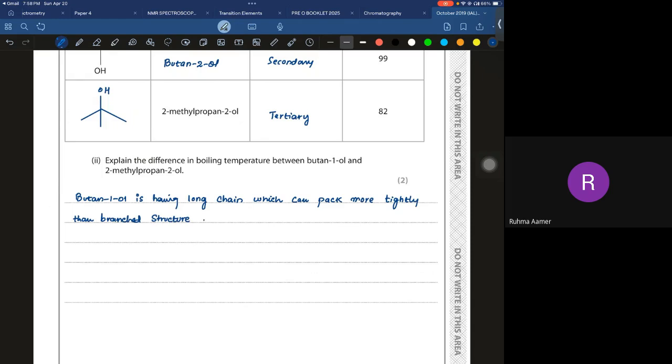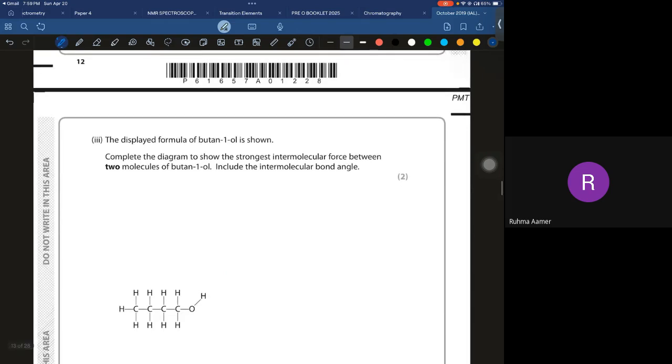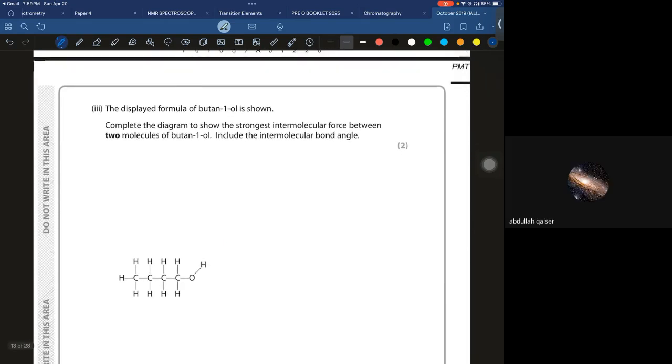As the branched structure has weaker London intermolecular force, which requires less temperature to boil. Sir, can you scroll up? I want to take a screenshot.